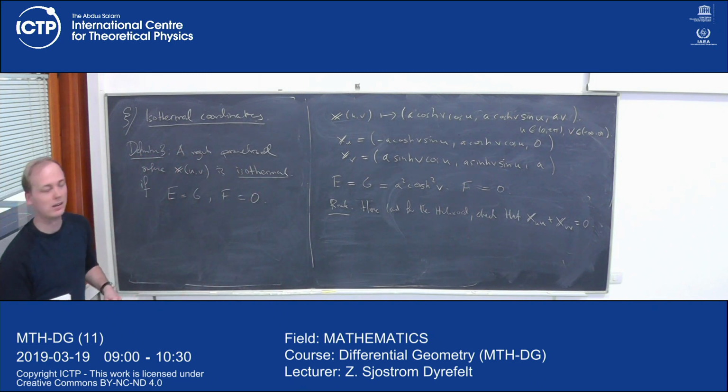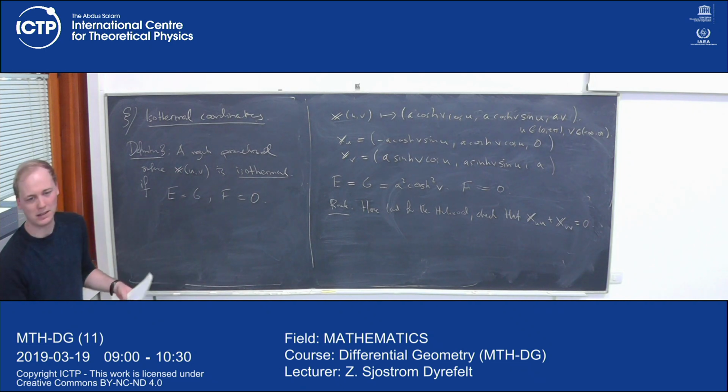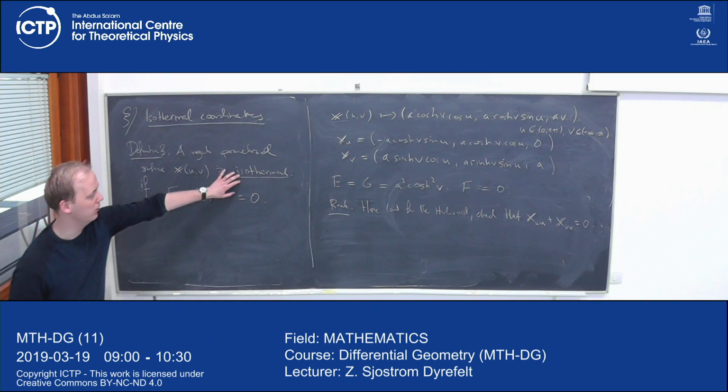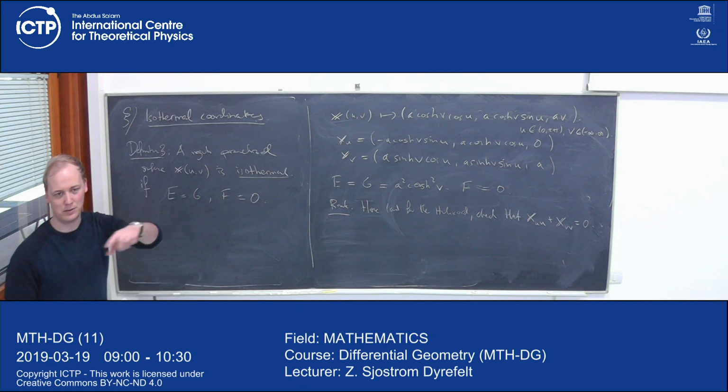So this has some meaning. Let me just remark on it orally. This is not something that is completely trivial, but it has some meaning. If you have a parametrization like this, these are called isothermal because these are the level curves of the Laplacian.